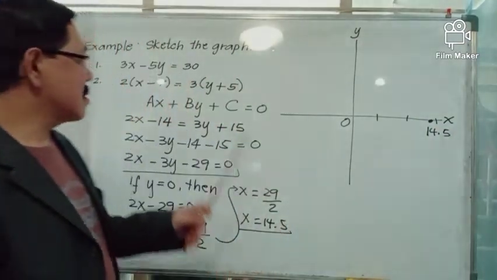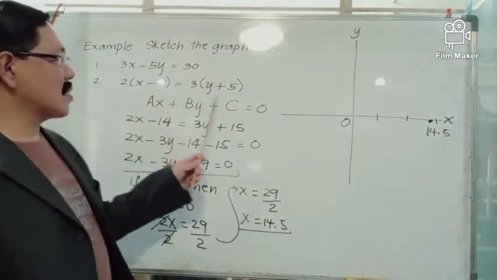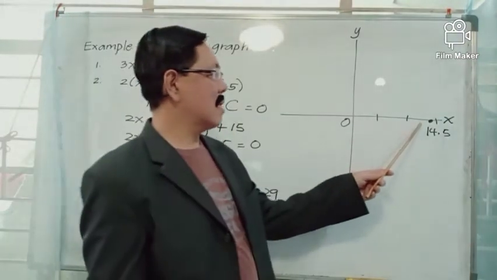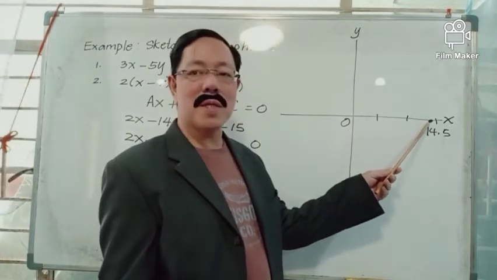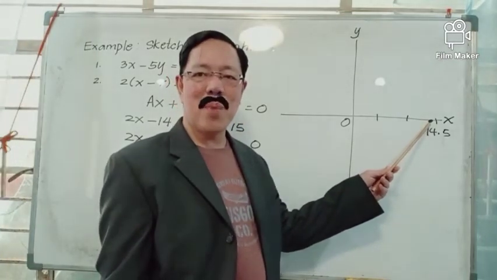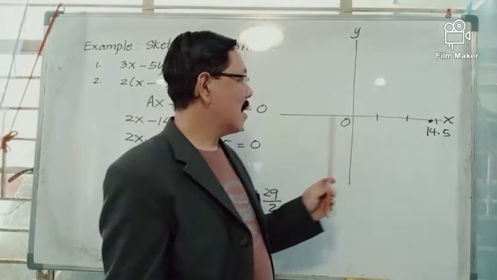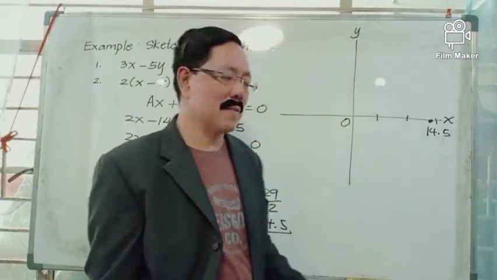The line with this equation will pass through this point on the horizontal axis, and we call this point X-Intercept, the point of intersection of the line and the x-axis.